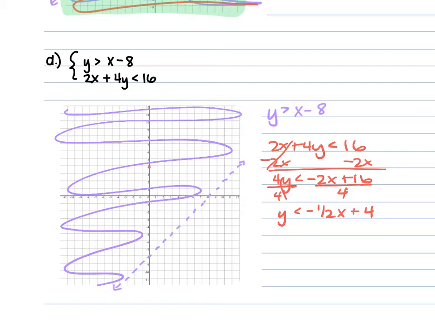So 4 on our y-axis, down 1 to the right 2, up 1 to the left 2. And then draw your dotted line through the points. And then we are going to shade below that.